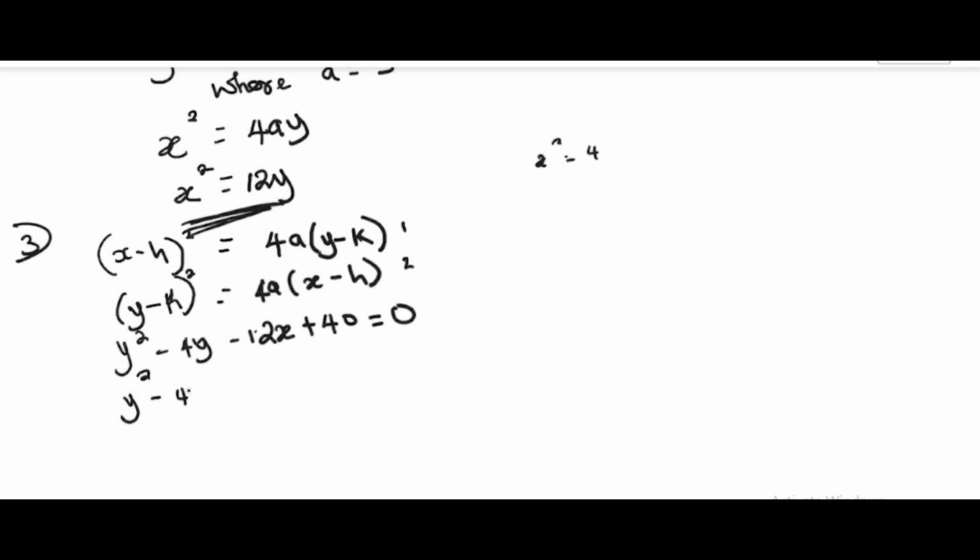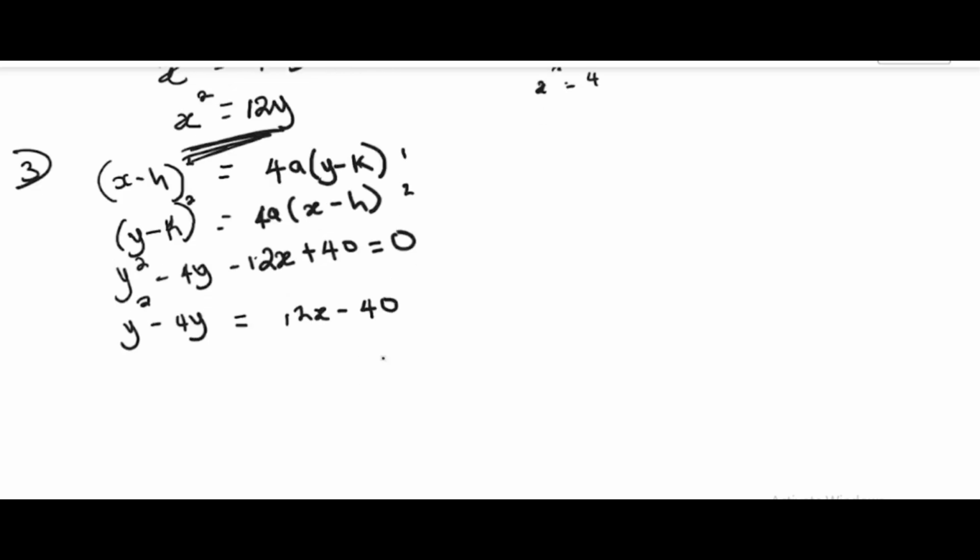As we complete the square for y, every other thing should be taken to the other side. If we take every other thing to the other side, we'll have 12x minus 40.